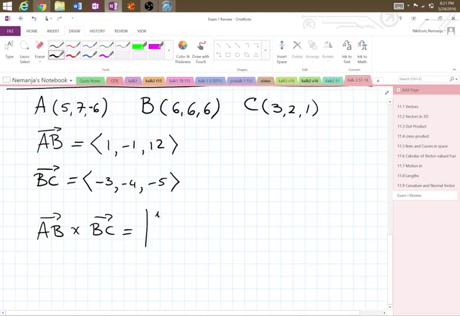is going to be IJK, and then we have 1, -1, 12, -3, -4, -5. I, we have 5 plus 48, that's about 53. It's good enough, I think.